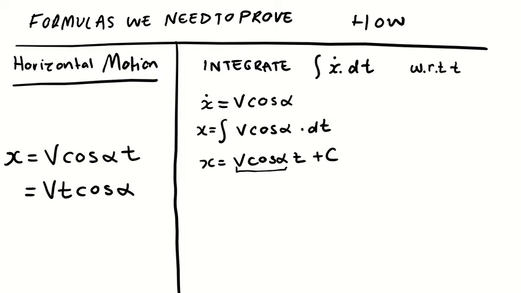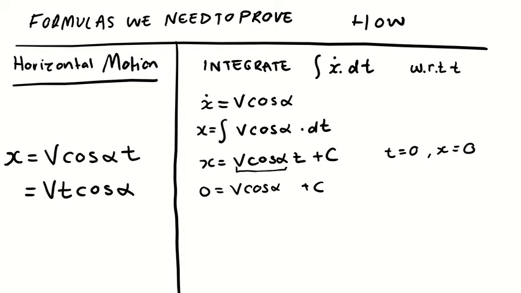Now, your question could differ, but the assumption of our initial conditions at this point is that at time 0, our position is 0, which is pretty straightforward. So now we can see that 0 is equal to v cos alpha t plus c.